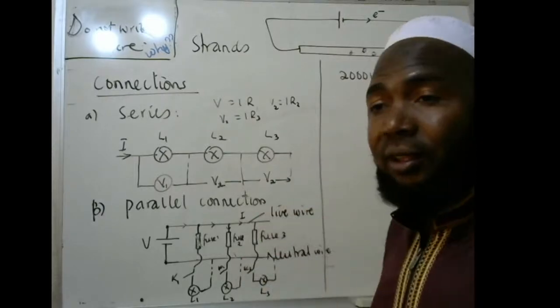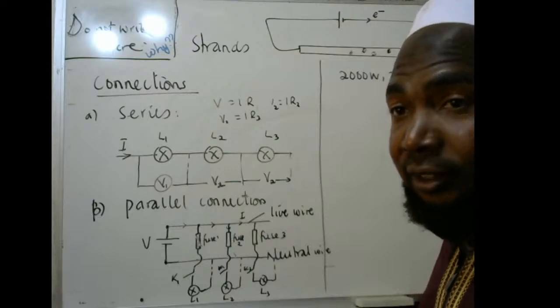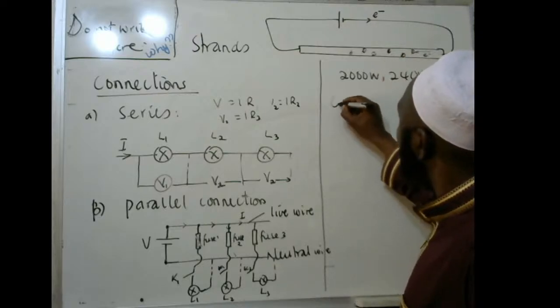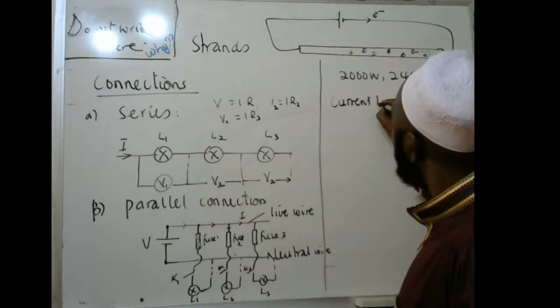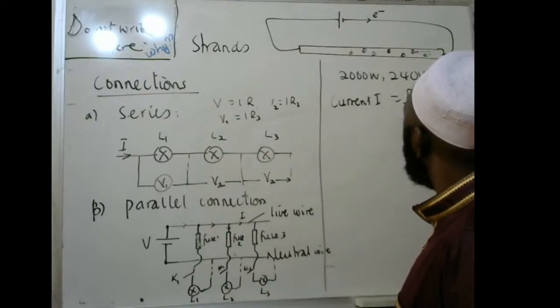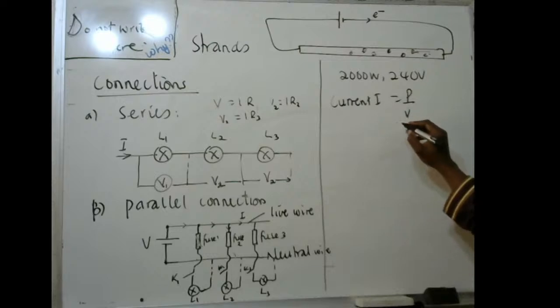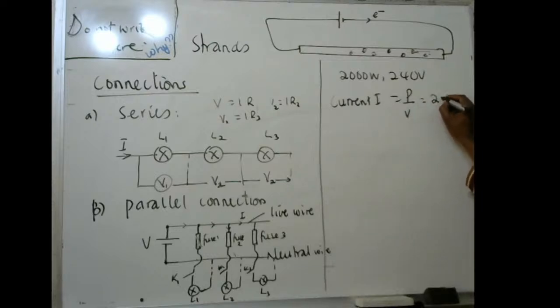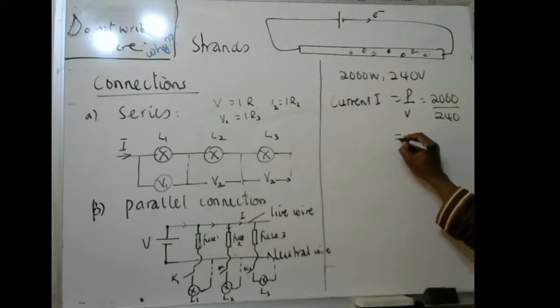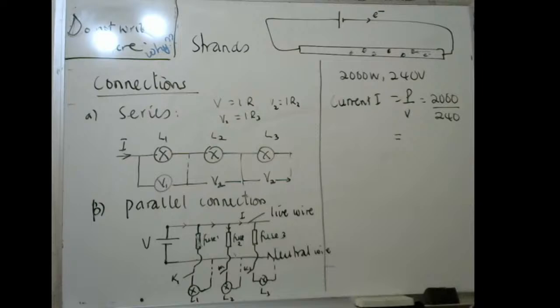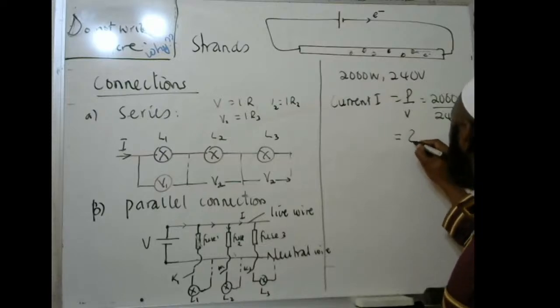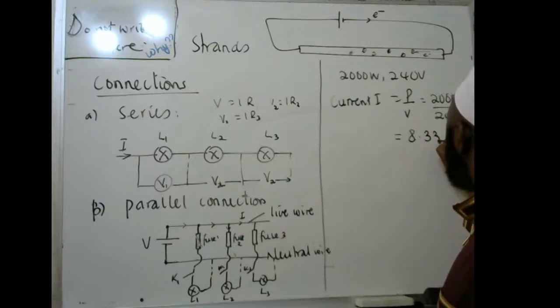What you do, find current. So the current I is power over voltage, because P is IV. So this is now going to be equal to 2000 divided by 240. What does that one give? 2000 divided by 240. What does it give? I think it gives 8.33. I don't know, you can confirm the answer.